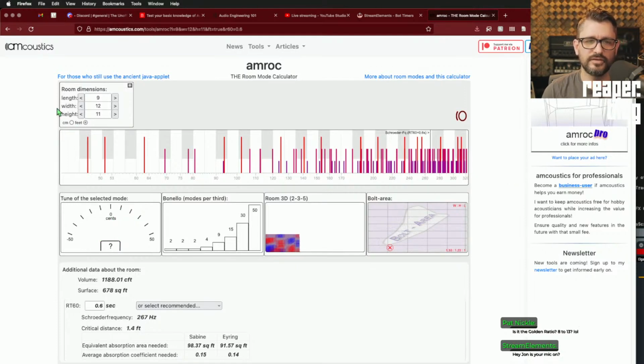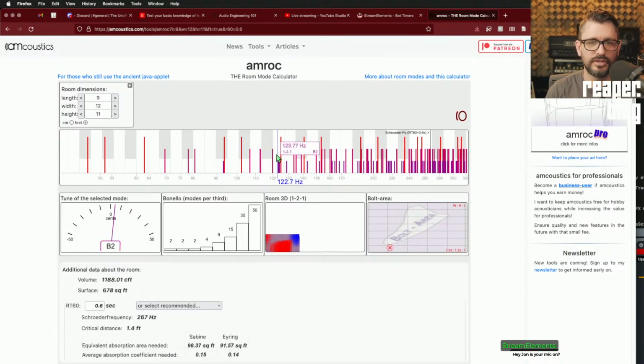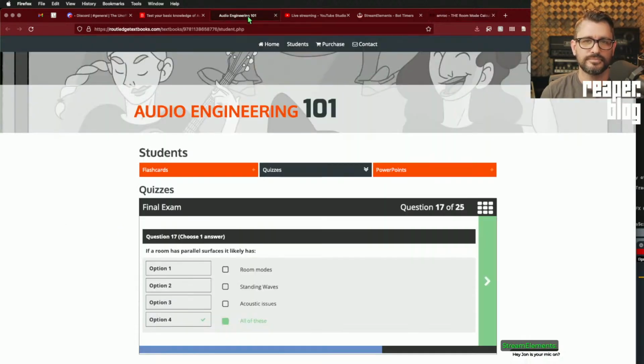But if you can treat that primary issue, like the 46 hertz one, then it's going to treat all of the ones above that. All the ones above the lowest are the easiest ones to treat. So basic broadband absorption in the room will handle a lot of those things. But these are like the resonances of the room. That's what a room mode is. Super important stuff to know about.